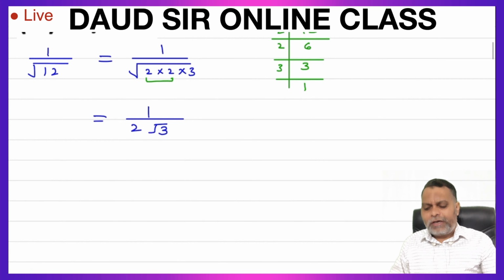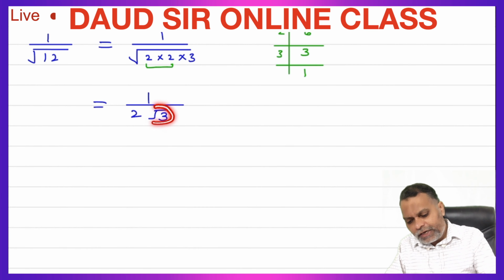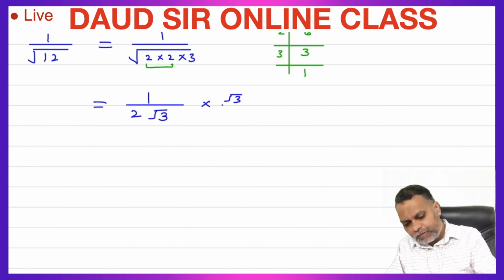Now we can rationalize this 1 upon 2 root 3. So this is root 3, so multiplying and dividing by root 3. This is rationalizing the denominator.